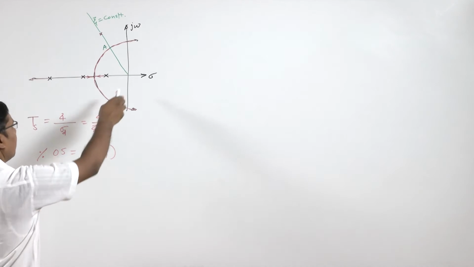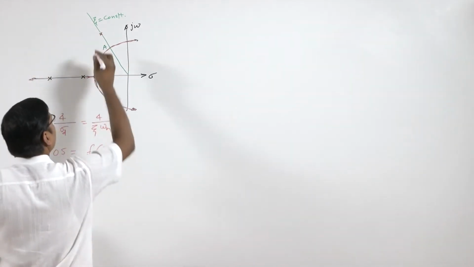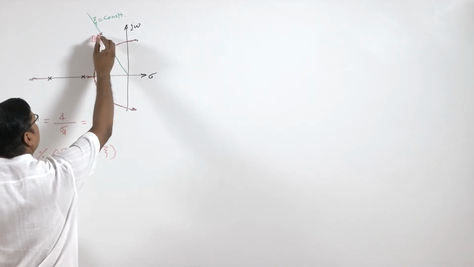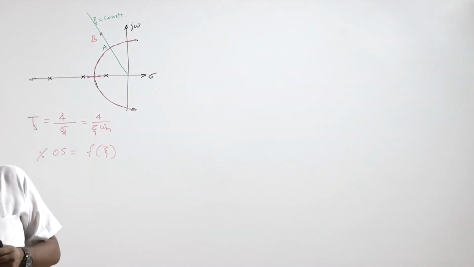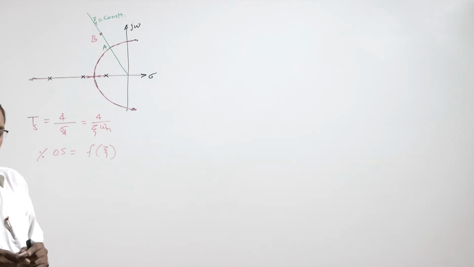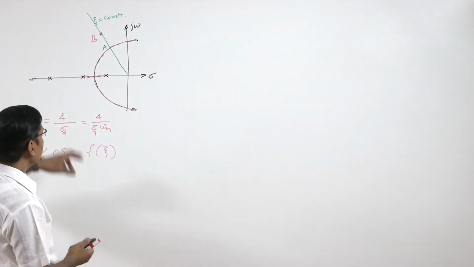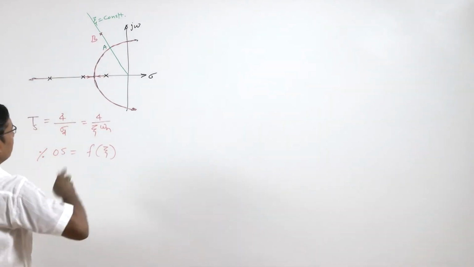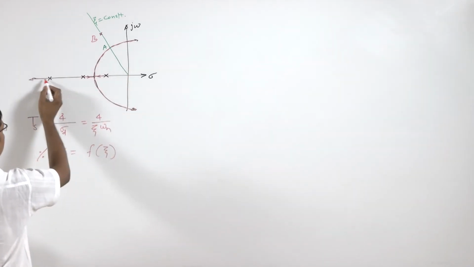So, we want the same percentage overshoot or same damping, but we are interested in designing our system so that it gives the transient response corresponding to point B. Now, our root locus follows this path, this red line path.